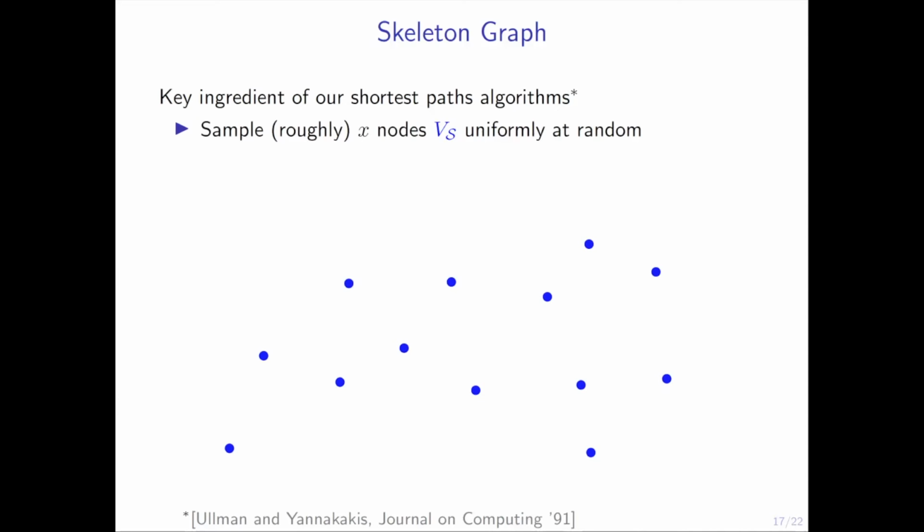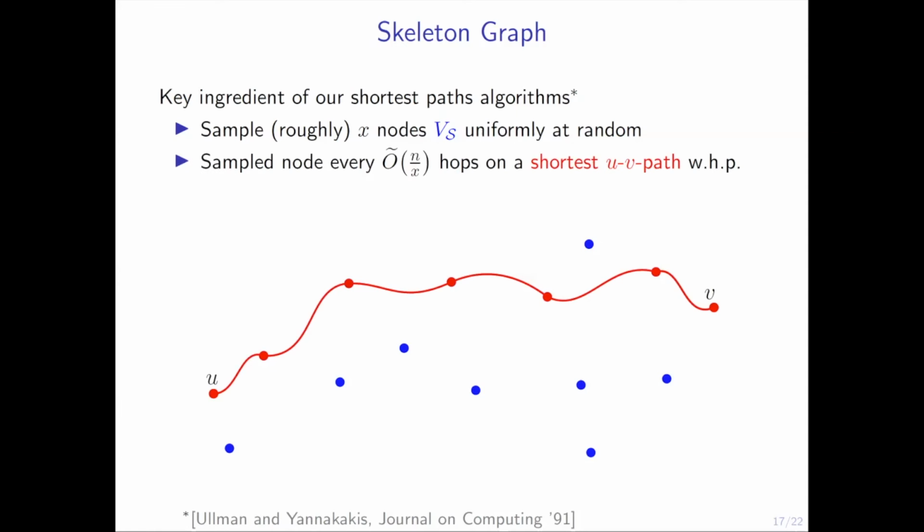The idea is that if we're given a graph and we sample roughly x skeleton nodes uniformly at random, and then we consider a given UV path, the shortest UV path, then there will be a sampled node roughly every n over x hops on this shortest UV path with high probability.